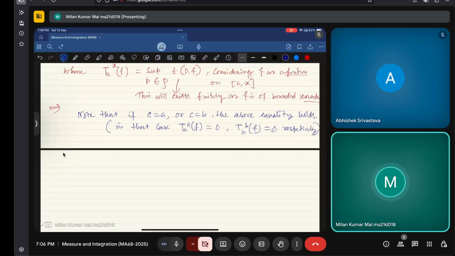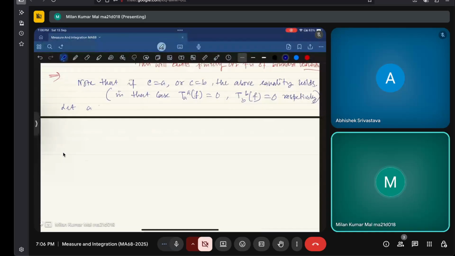So let c be a strict value, a number strictly between a and b.